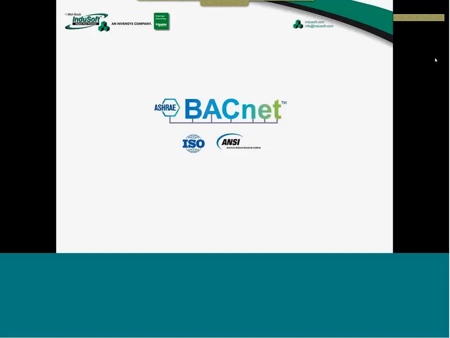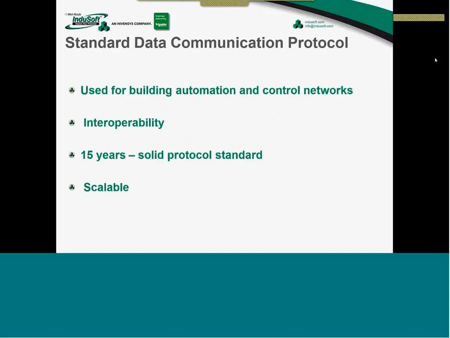Bacnet is both an international ISO and ANSI standard for interoperability between cooperating building automation devices. Bacnet is a standard data communication protocol that enables interoperability between different building systems and devices in building automation and control applications. It is flexible, robust, and also scalable.